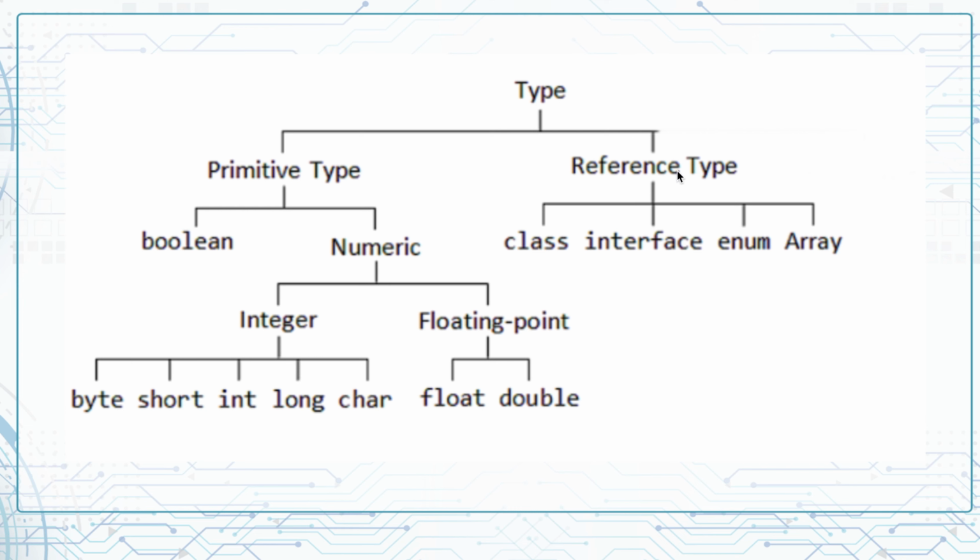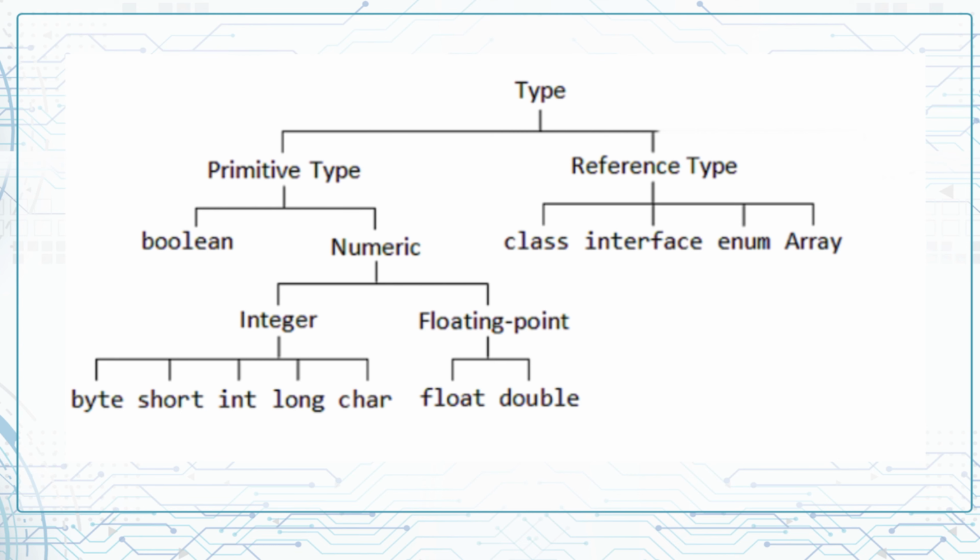On the other hand, the reference types are the classes, interfaces, enums, arrays, and almost all other variable types. Any other variable you define in your Java code that is not inside the primitive types category is called a reference type, or non-primitive type in other naming conventions.